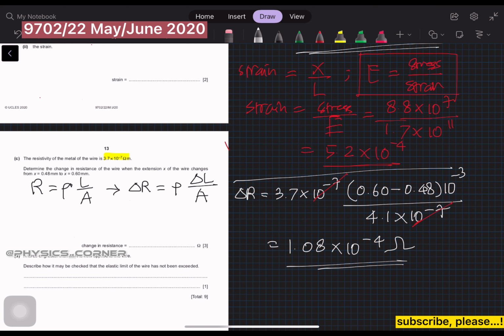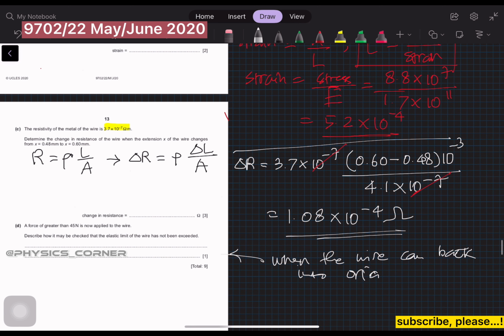Oh, when the wire can go back again to its original length, we can say it has not reached the elastic limit. Check up to the elastic limit, or until the wire breaks.